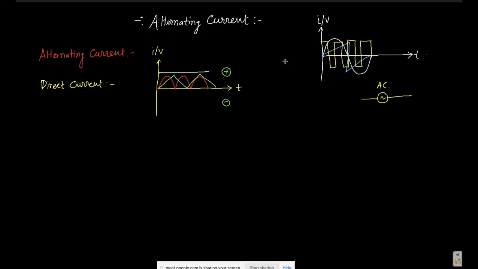In the alternating waveform, you see clearly that the current is changing its domain, once positive and again going to the negative. These are the basic concepts of direct and alternating current. The symbol of the direct current is this: the positive plate, the negative plate. This is the DC symbol.